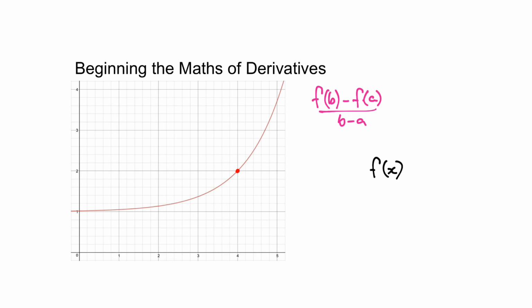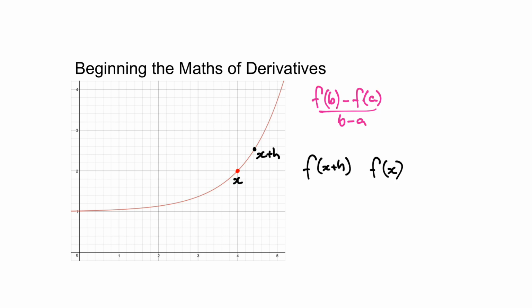To use our average rate of change, we need to have another value in here, somewhere along here. So let's add another point here. If this is x, I'm going to call this x plus h. So now we can put in our value here of x plus h.